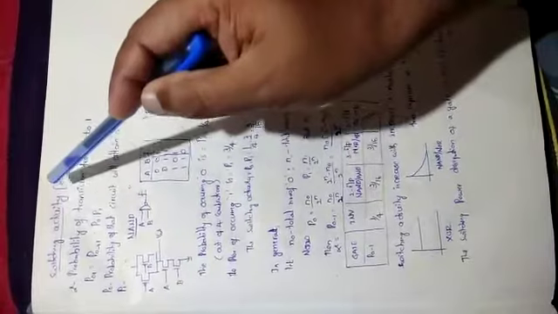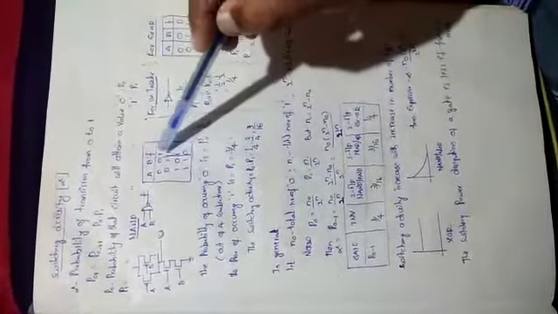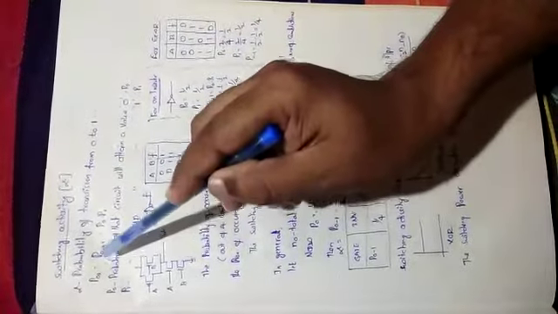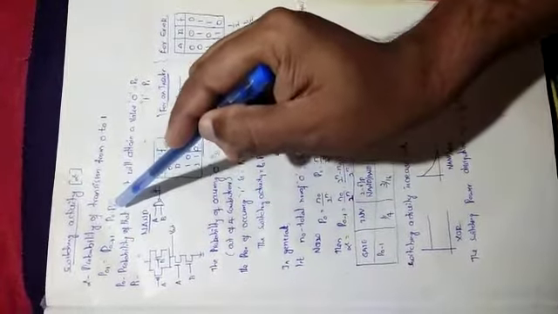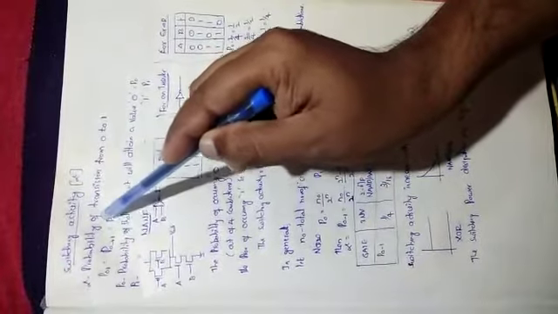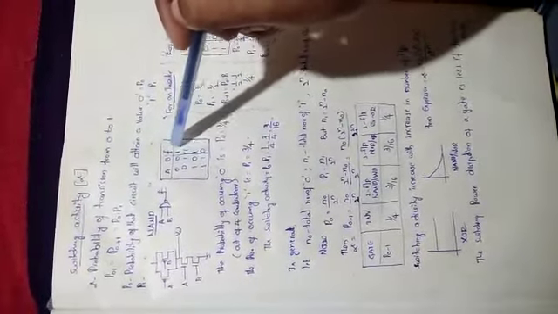We define it as the probability of transition from 0 to 1, so P0→1 is equal to P0 times P1. P0 means the probability that the circuit will attain the value 0, and P1 is the probability that the circuit will attain the value 1.